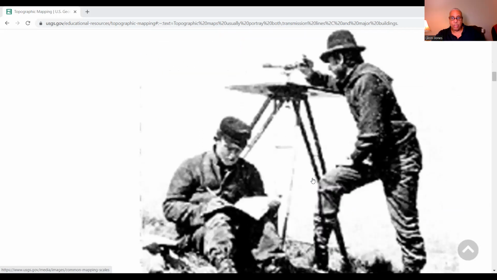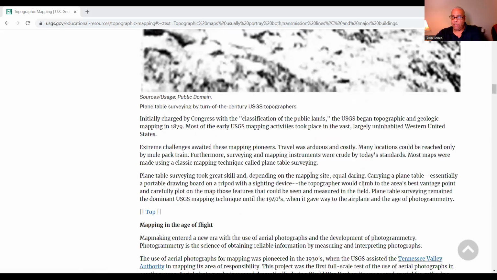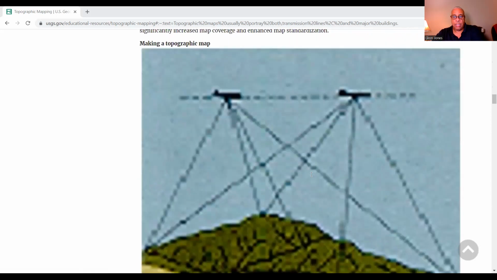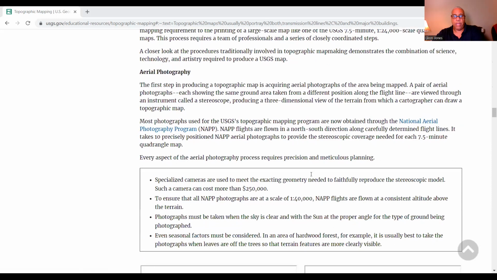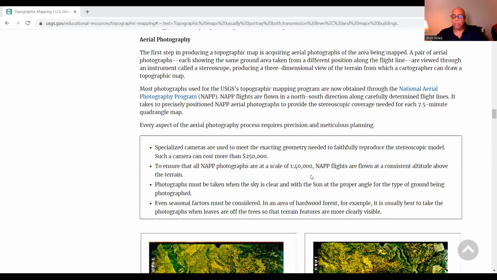Now, of course, you have surveyors, and going back, the making of a topographical map, the surveyors, you have aerial photography, and I'm going to post this information right at the bottom of my video. I'm just giving you an overview of topographical maps here.